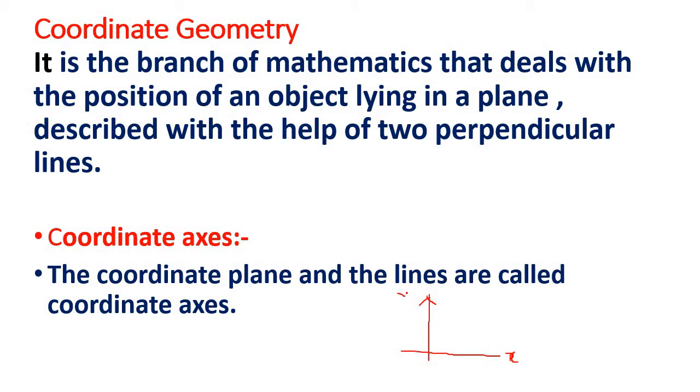This is the plane. The plane and the lines together are called coordinate axis.